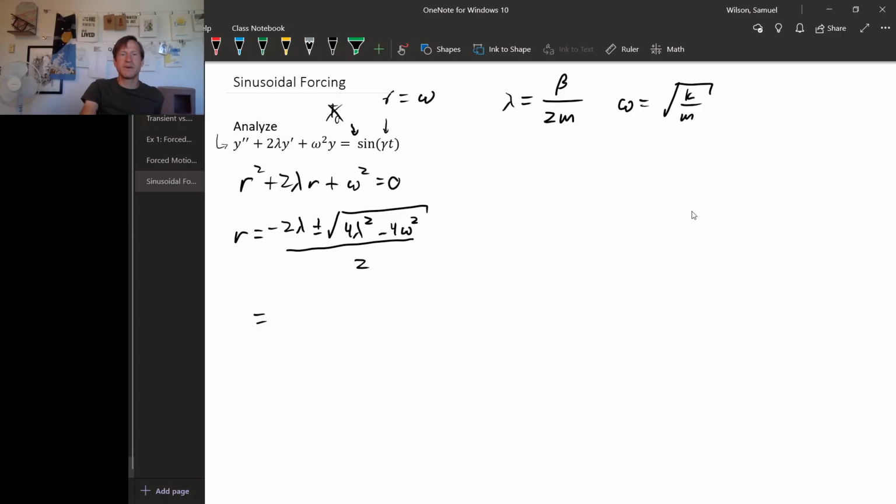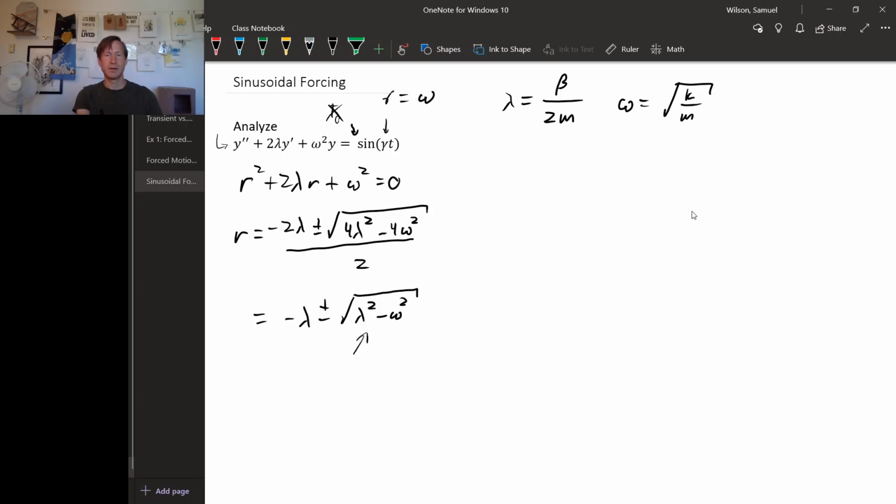If you simplify this, you get minus lambda plus or minus the square root of lambda squared minus omega squared. Depending on whether you're overdamped, underdamped, or critically damped, the stuff inside of this square root might be positive, negative, or 0.